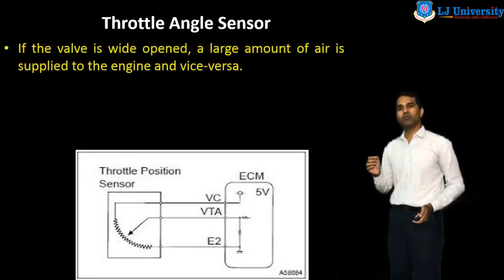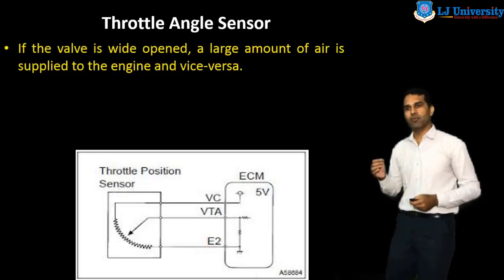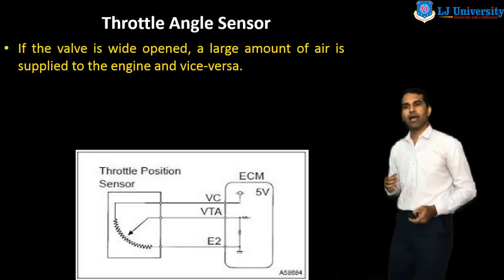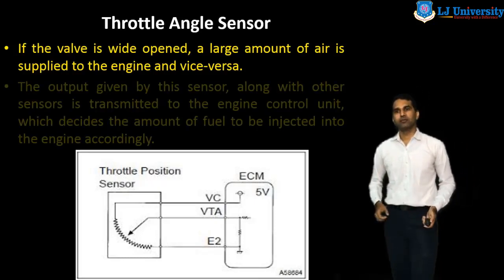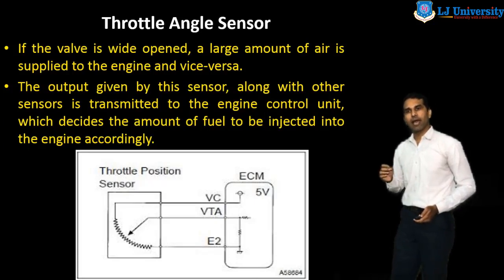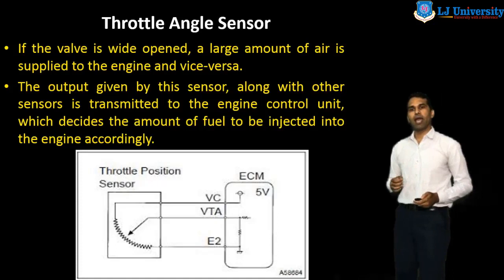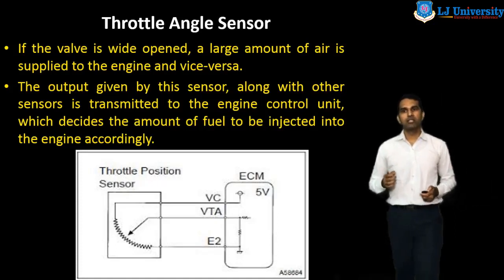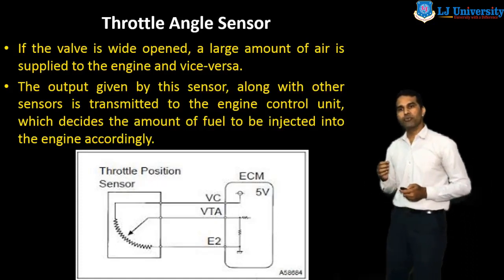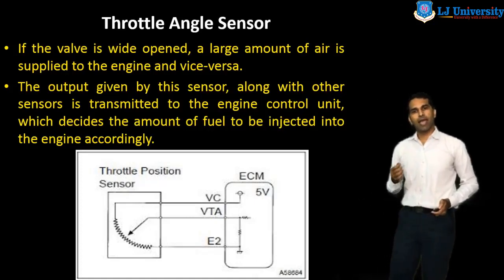If the valve is wide open, a large amount of air is supplied to the engine and vice versa. The output given by this sensor along with the other sensors is transmitted to the engine control unit, which decides the amount of fuel to be injected into the engine accordingly.